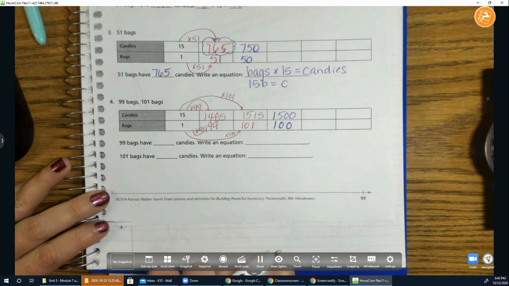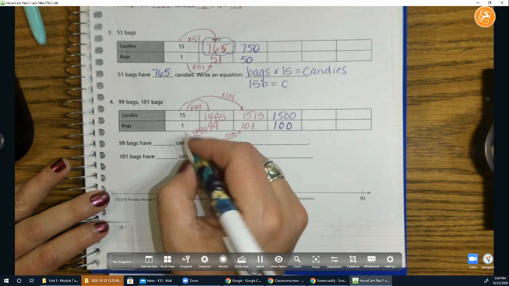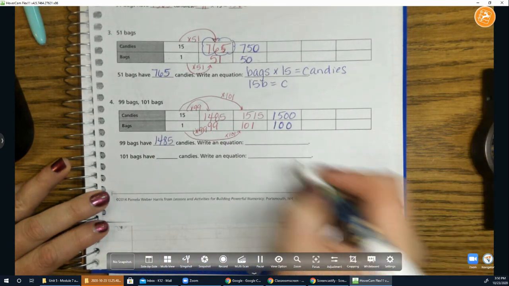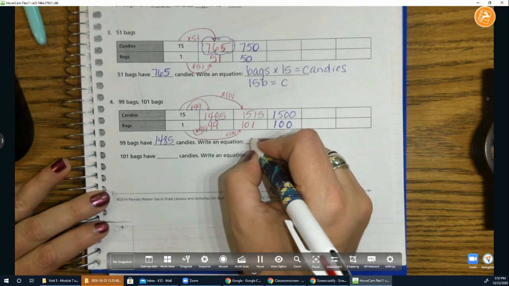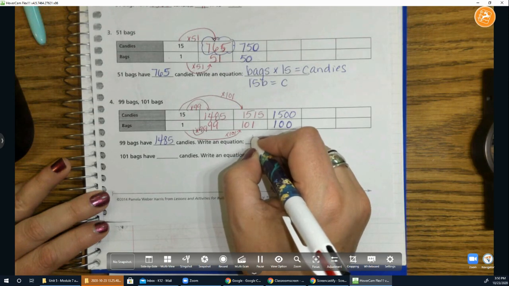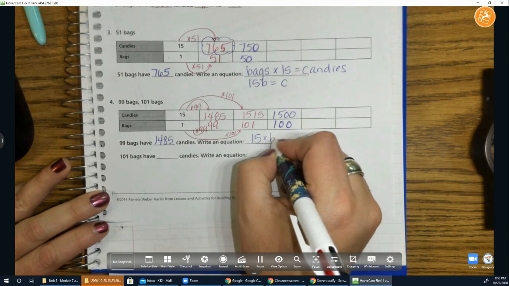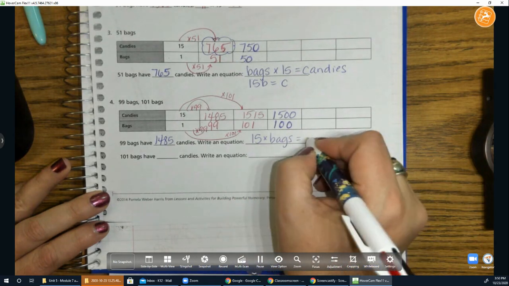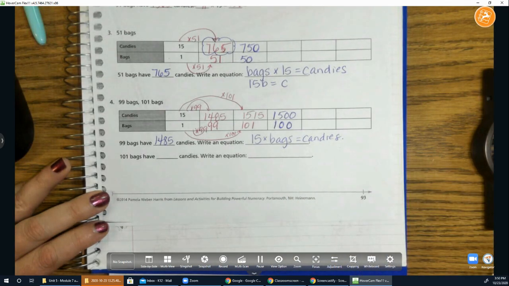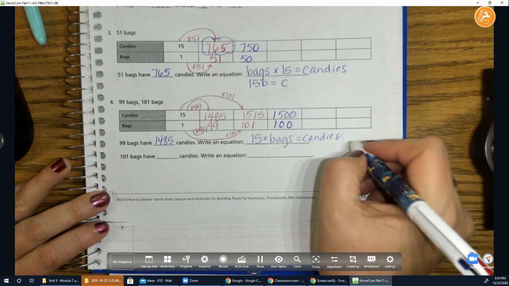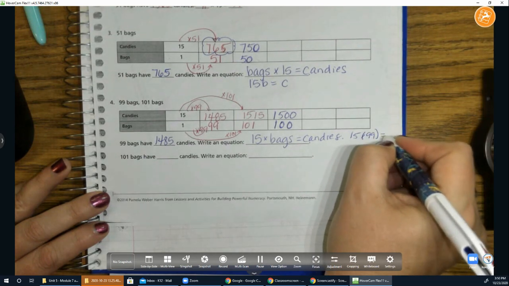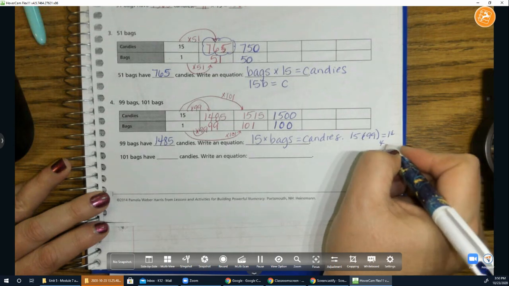So in 99 bags, you would have 1,485 pieces of candy, which you would take your bags, 15 times my bags equals my candy. Okay, which would be 15 times 99 equals 1,485.